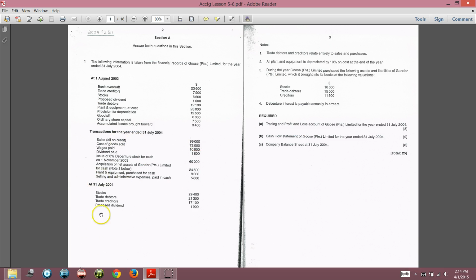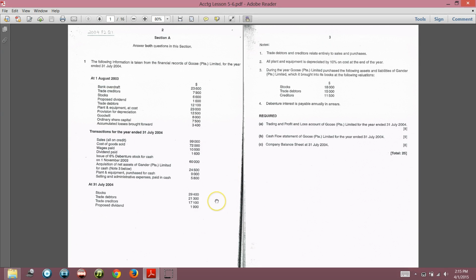You see, at 31 July 2004, these are the balances of asset and liability of Goose Private Limited. So we are assuming that these balances are inclusive of the stock, trade debtors and creditors that we have brought into the business. By going through all the past year exam questions, we can get the indication that this is the expectation of the question.